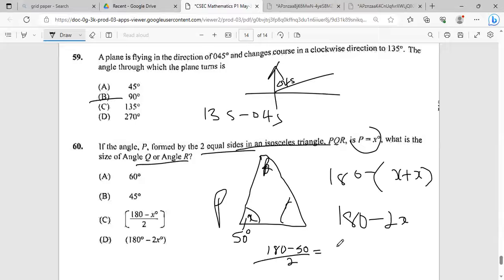It'll be 130 divided by 2, which gives you 65. But this would have been 50 and this would have been 80. So this couldn't work, unless it was specifically what we wanted to find. So I'm going to go with D.